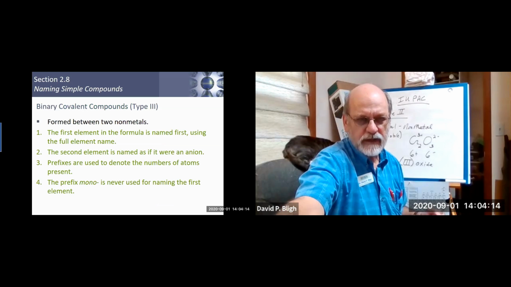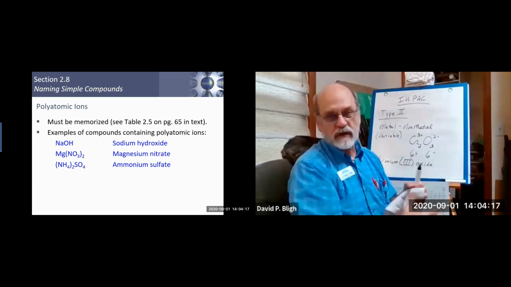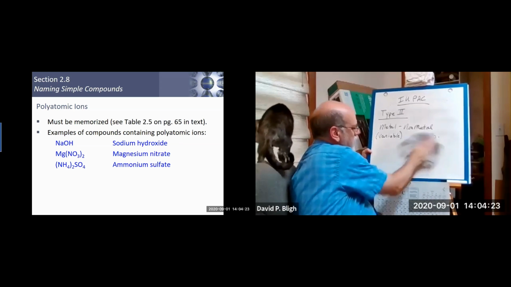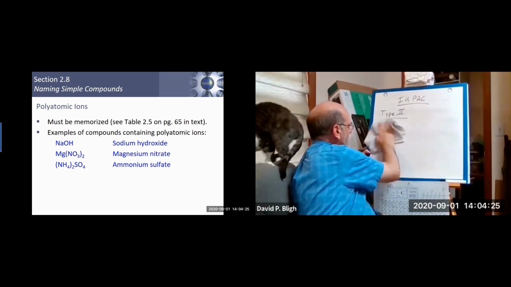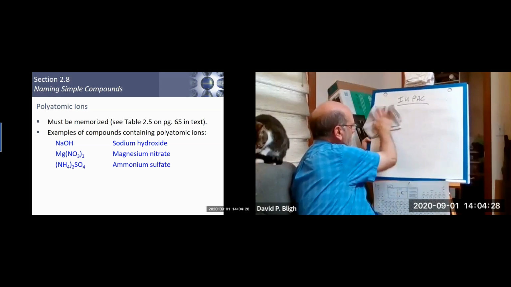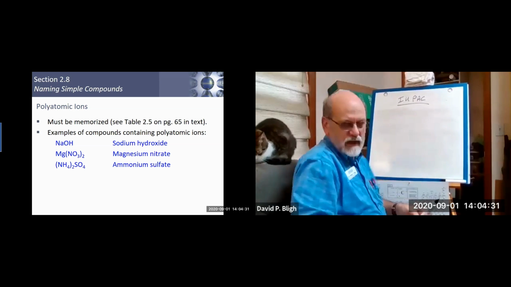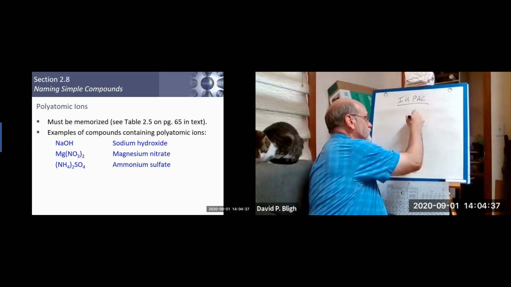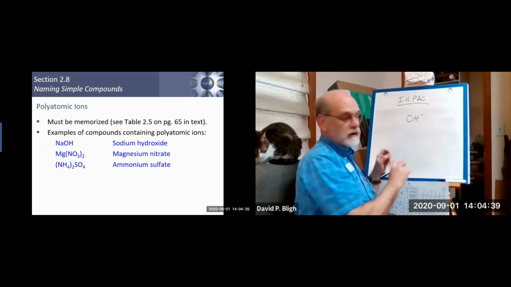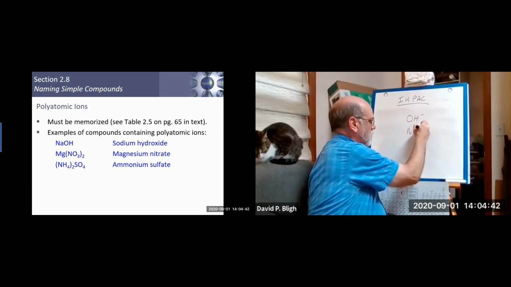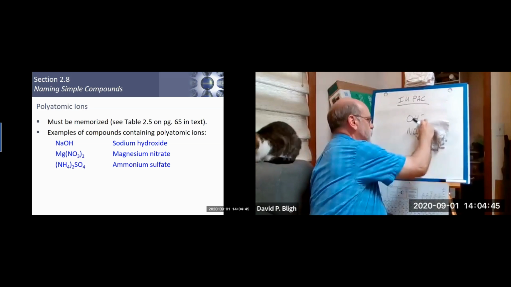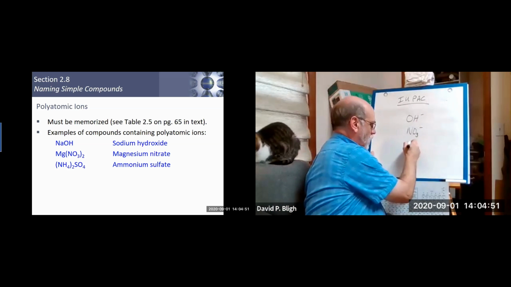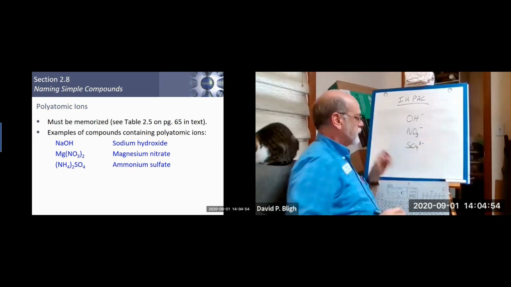Okay, we're going to look at a little polyatomics. We can do polyatomics. So what are some polyatomics? Well, some of the more common ones are hydroxide, nitrate or sulfate.